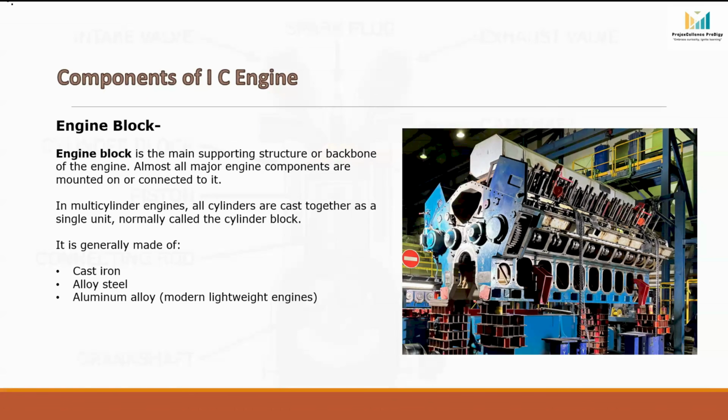Engine block is generally made of cast iron or alloy steel because these materials provide high strength, good rigidity, excellent wear resistance, and good vibration damping properties. In modern automotive engines, aluminum alloy blocks are commonly used because they are lightweight and help in better heat dissipation.